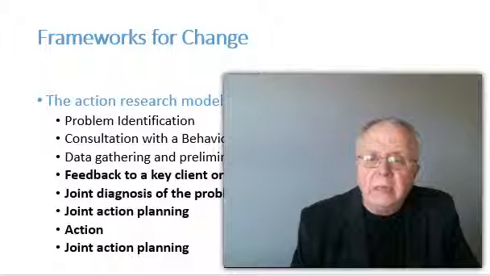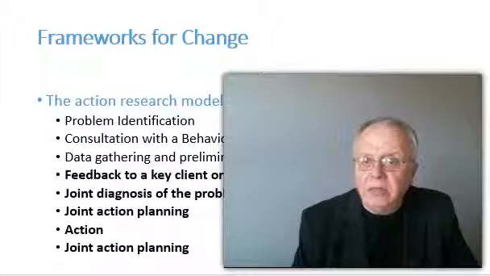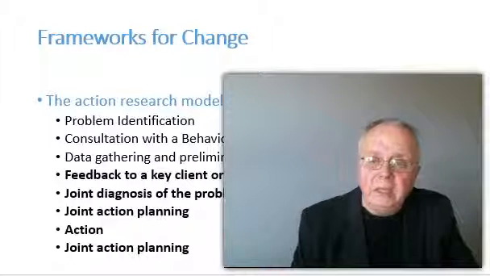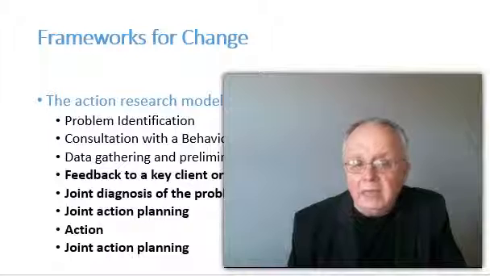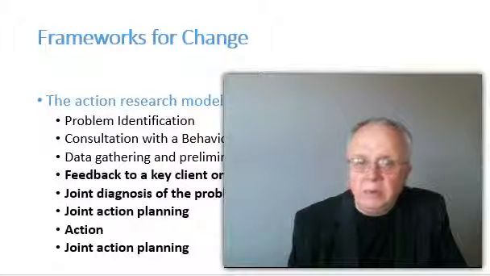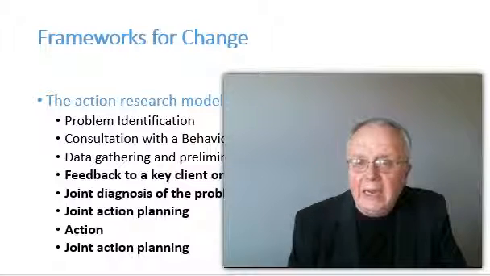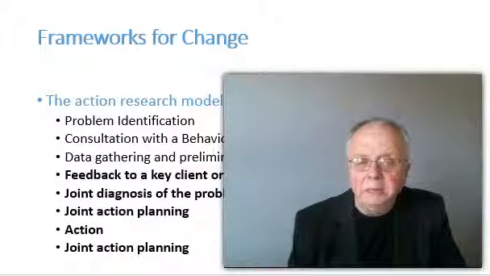The second framework we want to look at is called the action research model, and it starts out with identifying the problem. Maybe the executive in charge knows there's a problem and identifies it. They will consult with a behavioral science expert, a therapist, who will give some ideas for group dynamics that would help. They will gather data and offer a preliminary diagnosis of what is causing the problem.